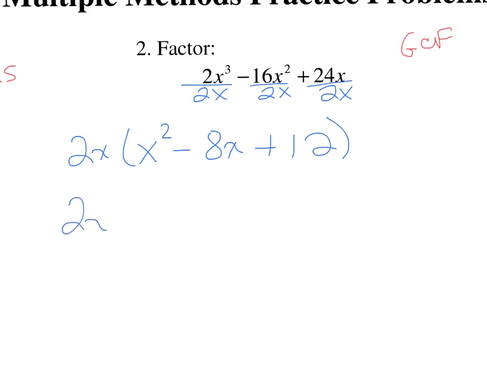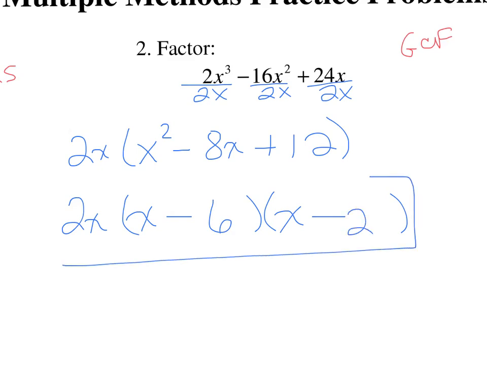So GCF is still there. Factoring the standard trinomial gives us x times x. The first sign comes down. Multiply the two signs to get the negative. Negative times positive makes negative. Same signs mean we're adding in the middle. Two numbers that multiply to make 12, but add to make 8 are 6 and 2. And we're done.